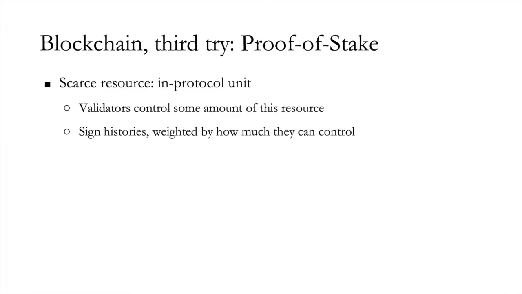So validators in a proof-of-stake blockchain control some amount of this resource. They own a currency, some amount of the voting power, and they can utilize this voting power by signing, the same way as they would sign transactions, by signing votes on a particular history.